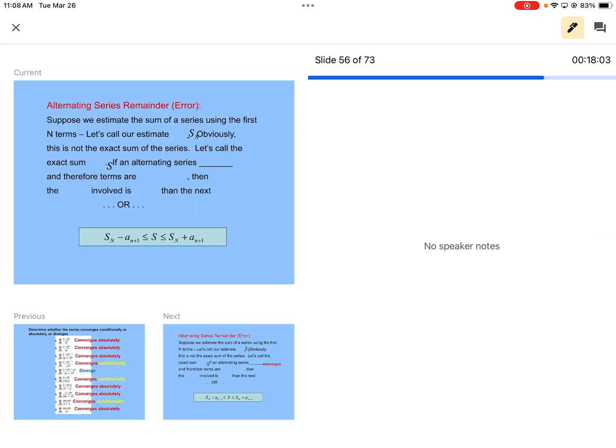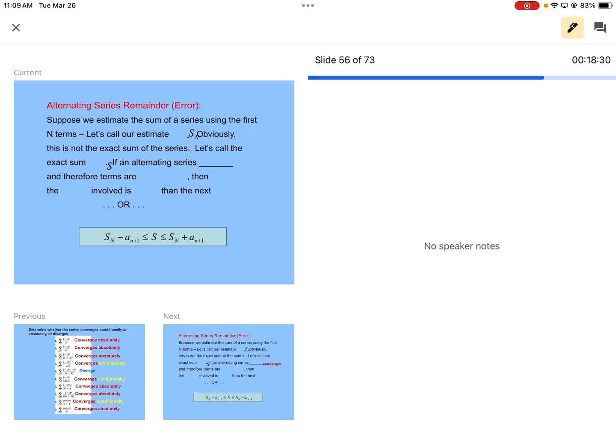Alternating series remainder. Okay? This is our very last page, page 349. One thing that we talk about as we get further into this unit, and this is kind of where the second half of the unit goes after the quiz too, is error.